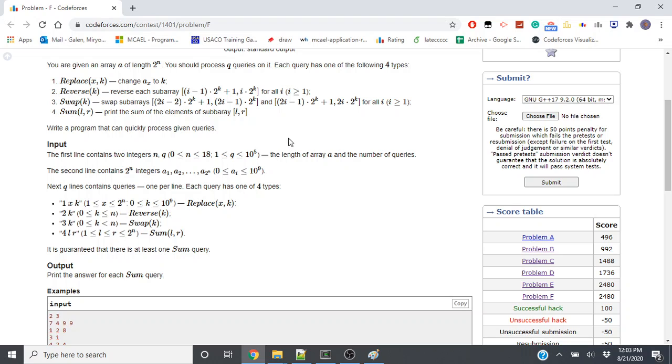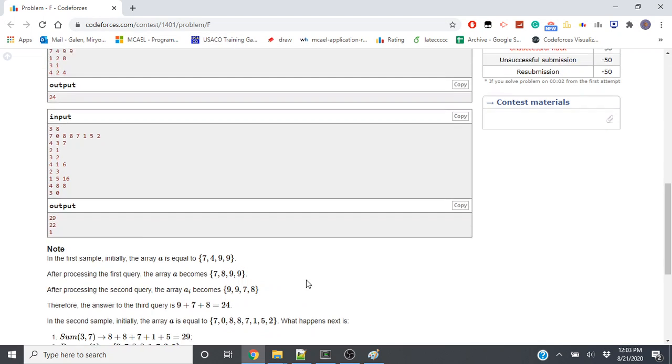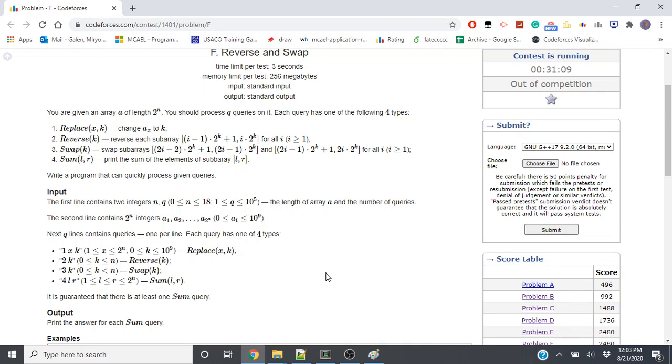Wait, what does this do? That's kind of a weird operation. So it's 2i minus 2. Wait. What? Okay, maybe it's not the same. Maybe we got that wrong. So it's 2i minus 2. Let's say i starts at 1. So it's 0.